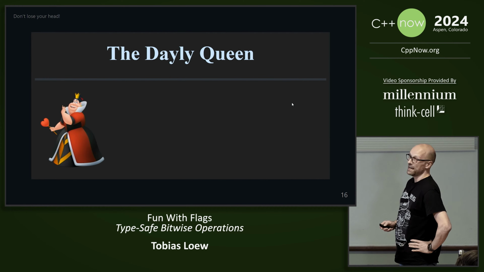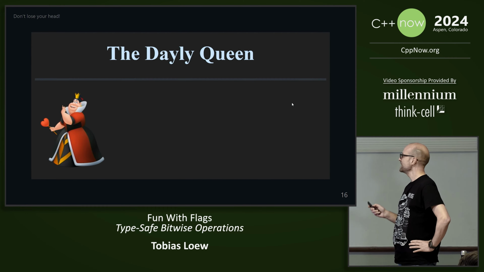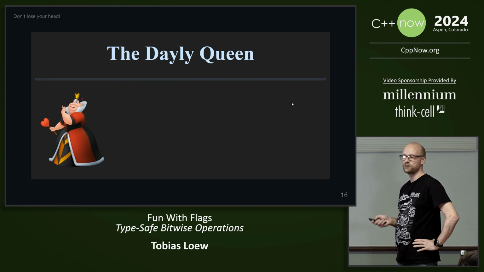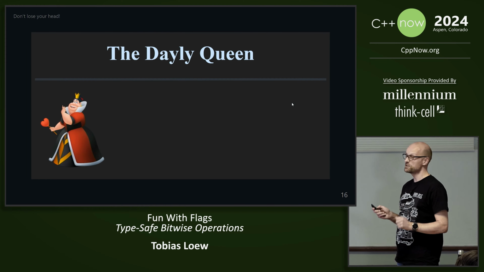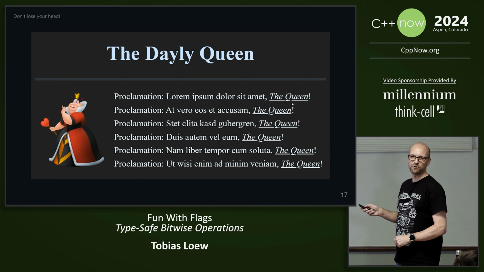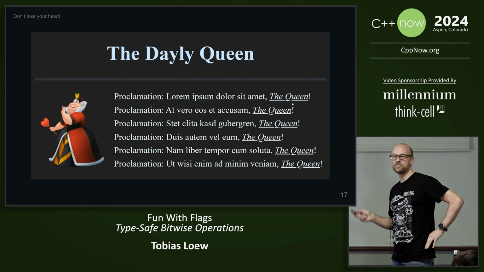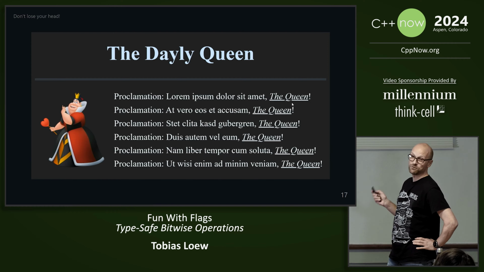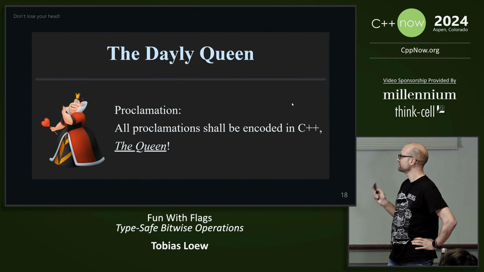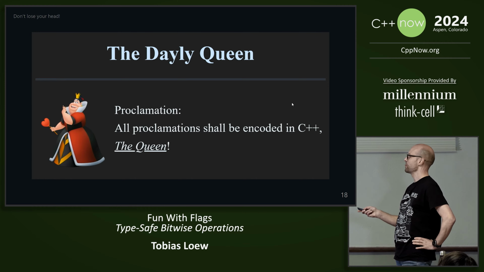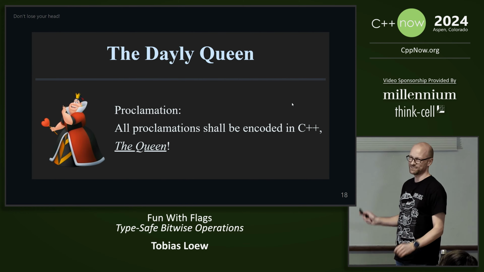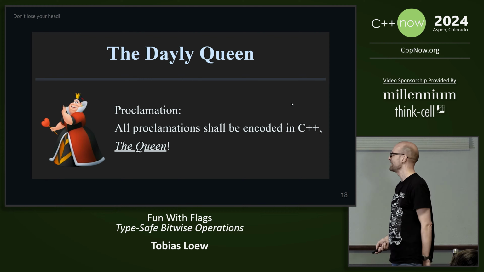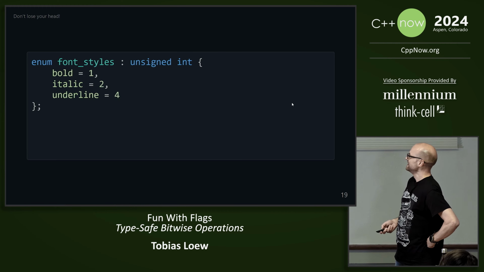The Queen of Hearts had her own newspaper, the Daily Queen, which she mostly used to bring out her proclamations, and there were loads of them every day. One of her proclamations was: all proclamations shall be encoded in C++. The Queen. So that's the rule. Everybody has to obey it.